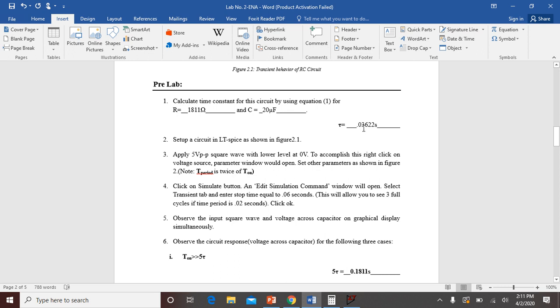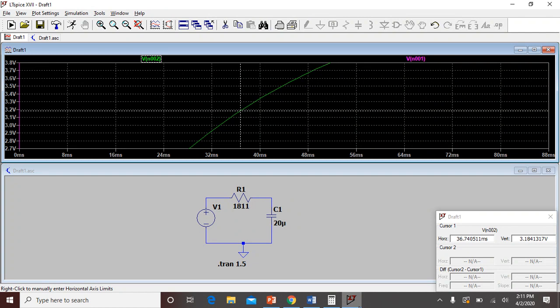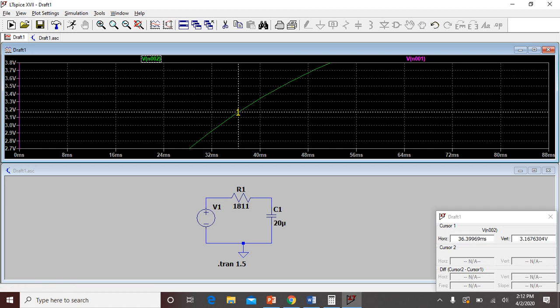This is 0.03622, and the value I have got is 36.7 milliseconds at 3.184.